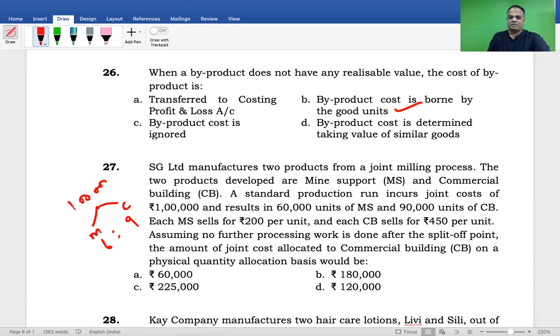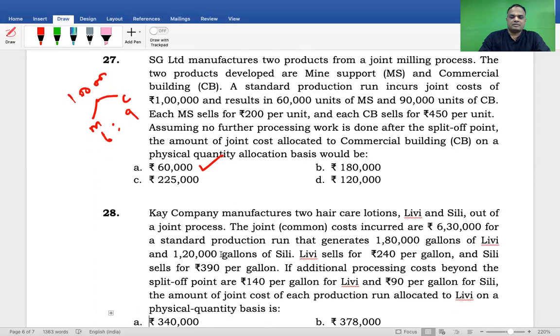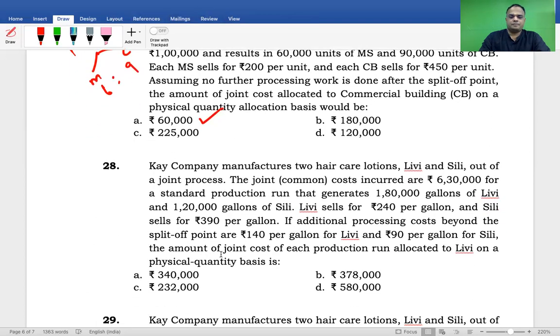It is 60,000 for CB, am I right? Yes, sir. Good. Whereas MS is 40,000. Okay. Next one.